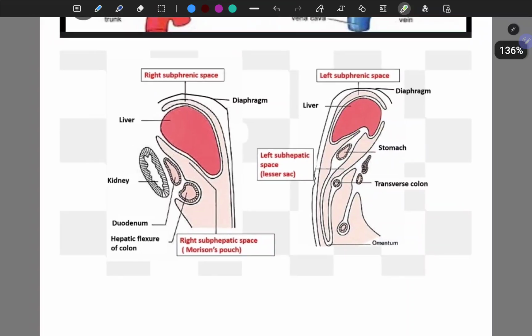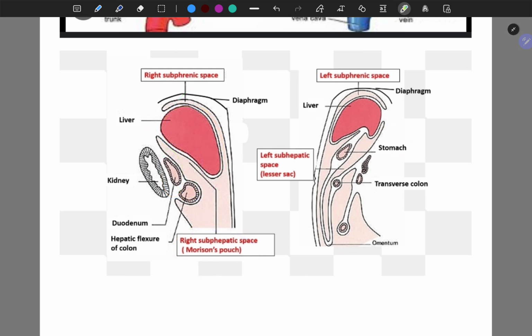Sometimes they may ask you questions about subdiaphragmatic spaces. On the right side, there is the space which lies between the liver and the diaphragm, and the right subhepatic space, which is Morrison's pouch, between the right kidney and the liver.